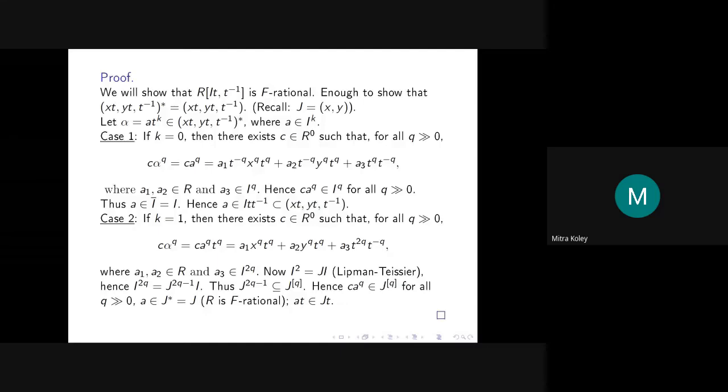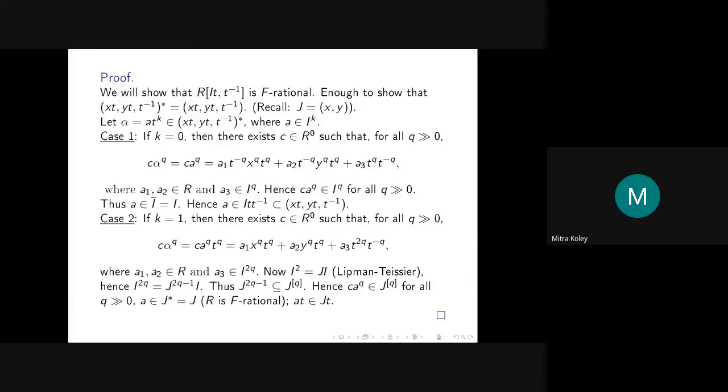Now using a result of Lipman and Teissier, which says that I^2 is always JI, we get I^(2q) is J^(2q-1) I. Note that J is generated by two elements, x and y. Hence, J^(2q-1) is inside J^[q]. Hence, in the expression here, each part is inside J^[q]. Hence, c a^q is in J^[q] for all large q.